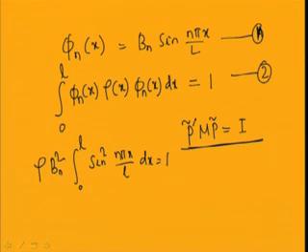So, when normalizing, rho B n square integral 0 to L sin square n pi x by L dx equal to 1. Already you know sin square theta can be written as half into 1 minus cos 2 theta.